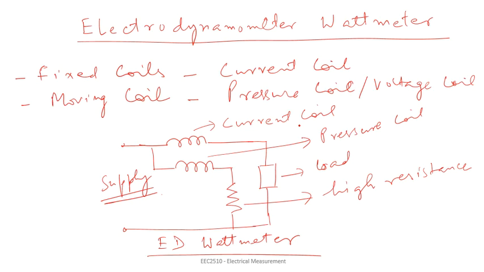This is the circuit arrangement, and the general theory will remain the same as we discussed in the previous lecture about the general operation of these instruments. Let us now discuss the torque produced in these instruments. The instantaneous torque of an electrodynamometer instrument is simply given by I1 I2 dM over d theta.